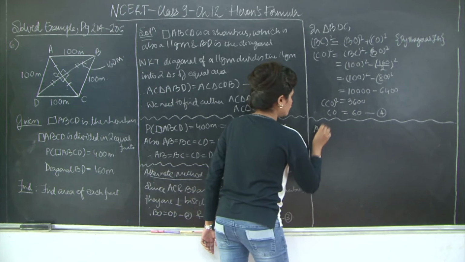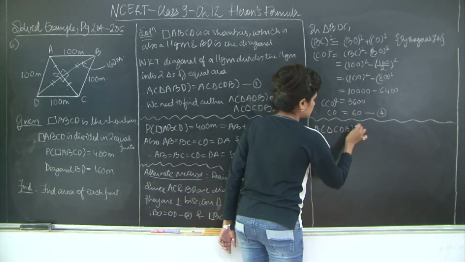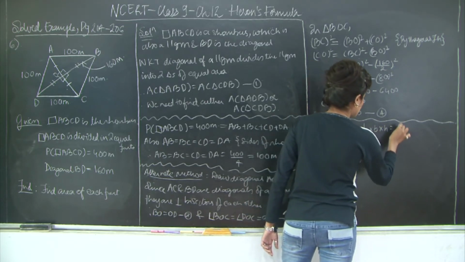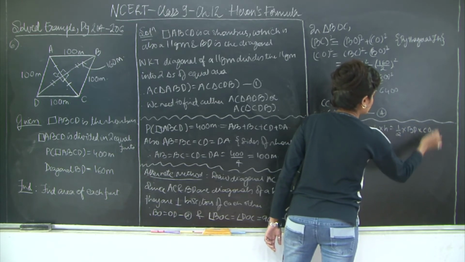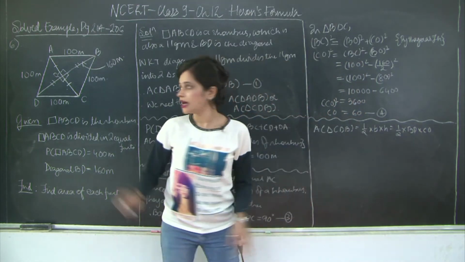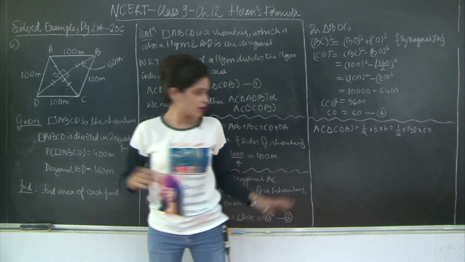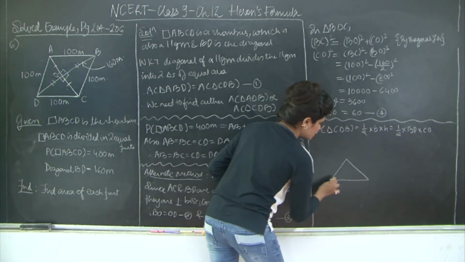Now area of triangle CDB is equal to half into base into height. So which is the base? Half into BD into CO, right? Because for CDB the base is BD and this is the height CO. If you still don't get it, let's say I'm inverting the triangle and just drawing it.